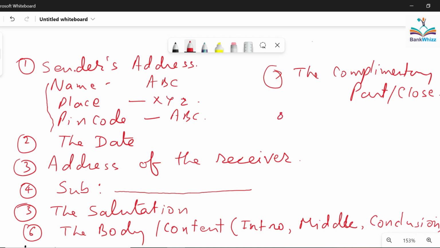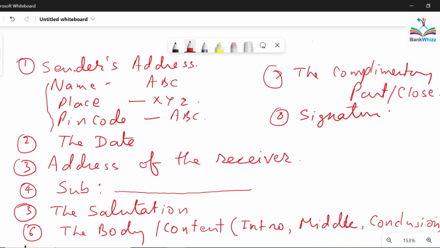Okay, and at last you should put your signature. You should affix your signature. Okay, these are 8 essential parts of a business letter, and in this way your letter will go effective, and in that capacity your letter will fetch maximum marks.